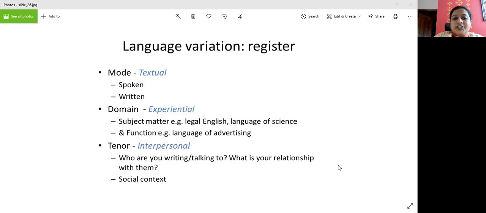Then comes the domain. Domain is the experiential aspect of language, whether the subject matter of the language belongs to a particular subject. Domain is the category about which the text is written or spoken. It is the theme or subject matter of the particular discourse that you are analyzing.